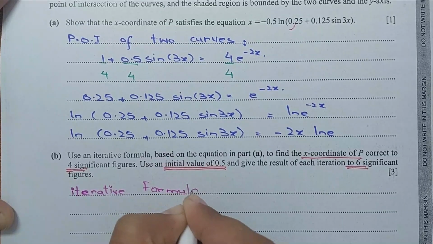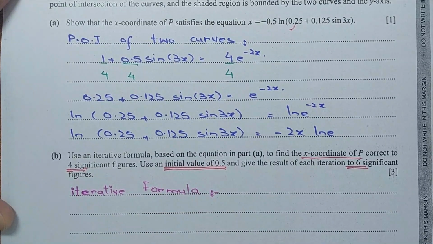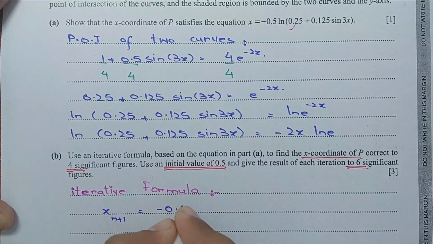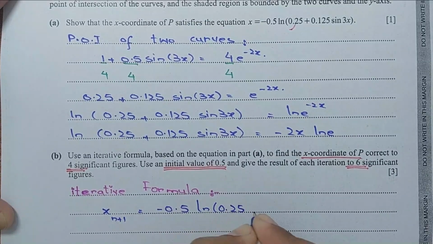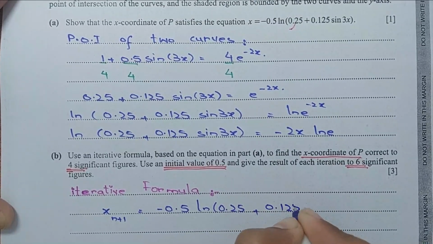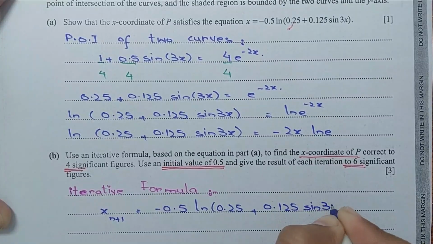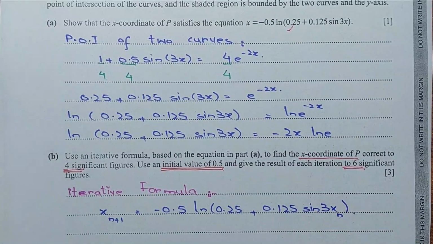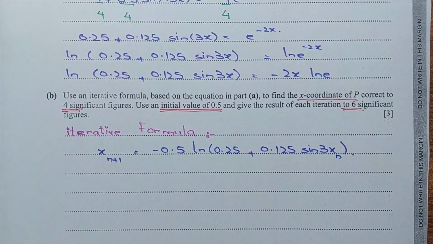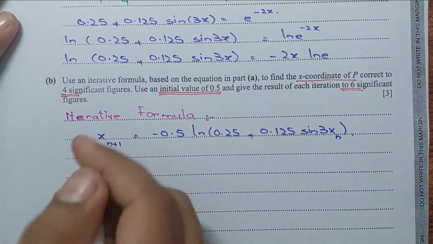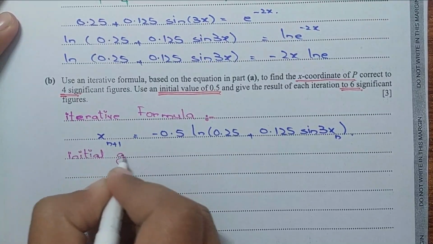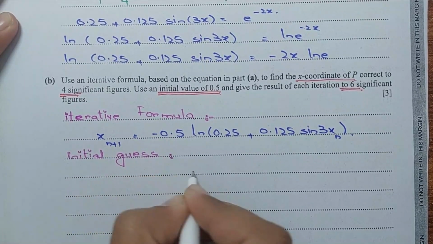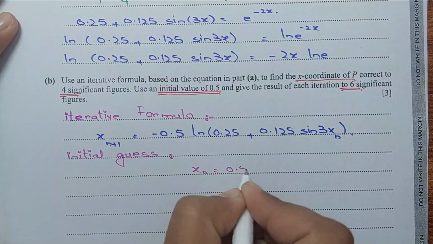The iterative formula is x subscript n plus 1 equals minus 0.5 natural log of 0.25 plus 0.125 sine 3 x subscript n. We have been given the initial guess x naught, which is 0.5.